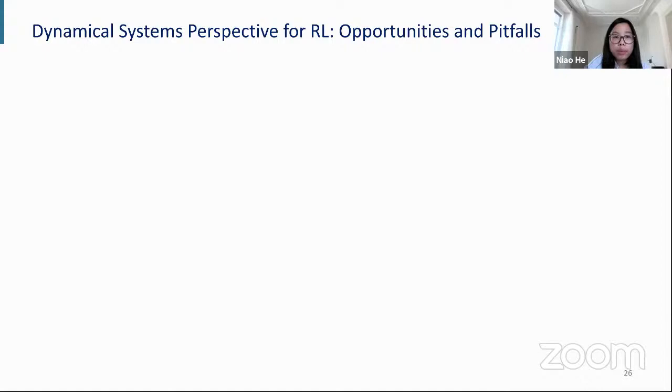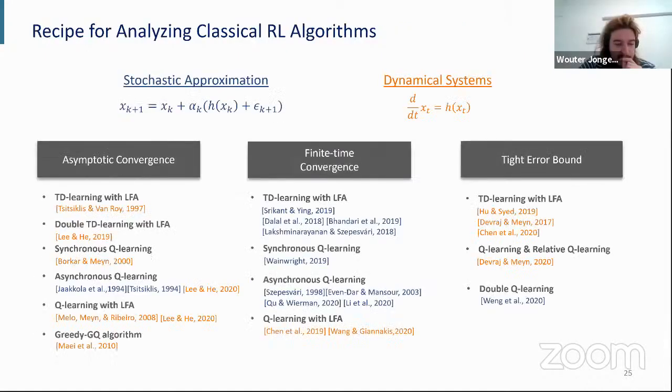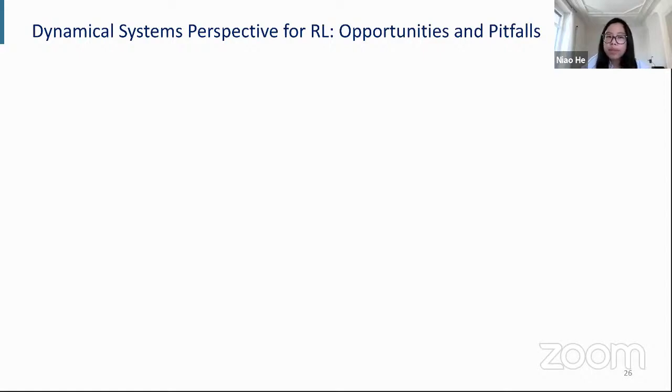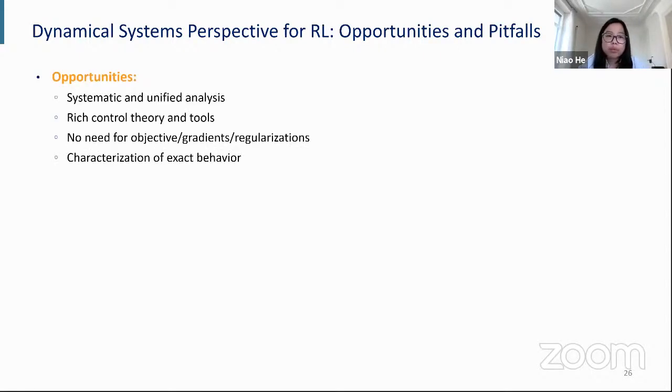I wanted to start by saying that using this continuous time dynamic system approach has both advantages and disadvantages. The apparent advantages: first of all, it offers a very systematic and often unified analysis for different reinforcement learning algorithms.